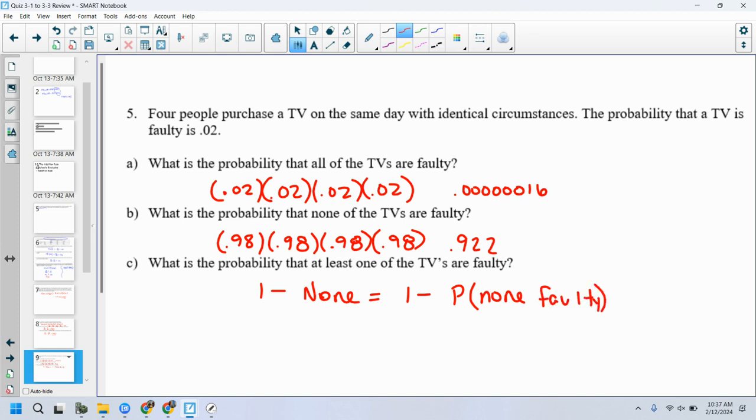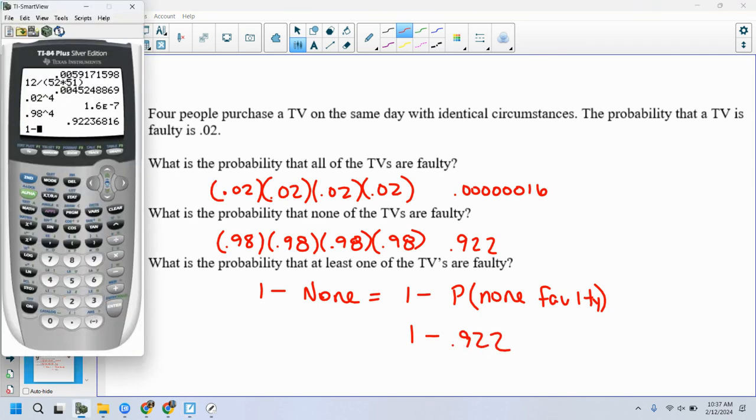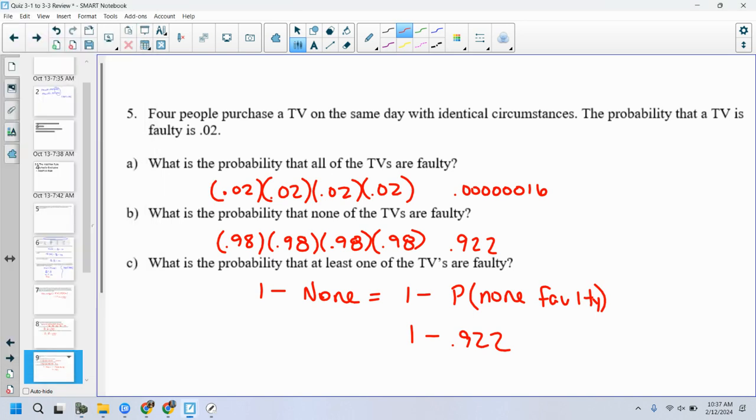What's the probability that there are none faulty? 0.922, right? So this is 1 minus 0.922, which is 0.078. So there's a 7.8% chance of at least one of them being faulty.